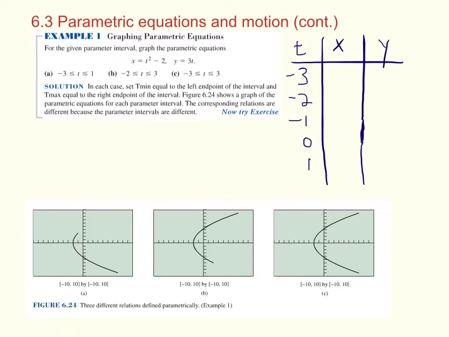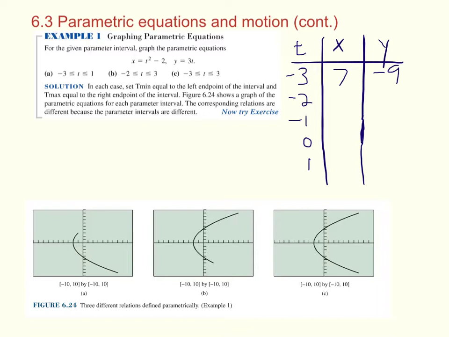So when t is -3, plugging that into the x equation, we get -3 squared is 9, minus 2 is 7, and plugging into the y equation, we get 3 times -3 is -9. And if you notice, we have the point (7, -9) on our graph.